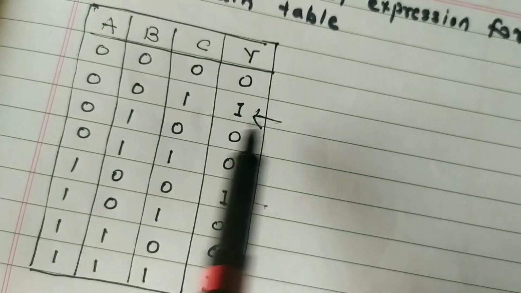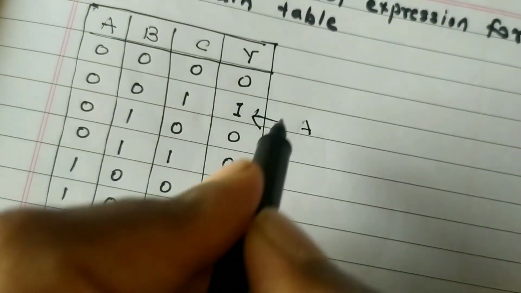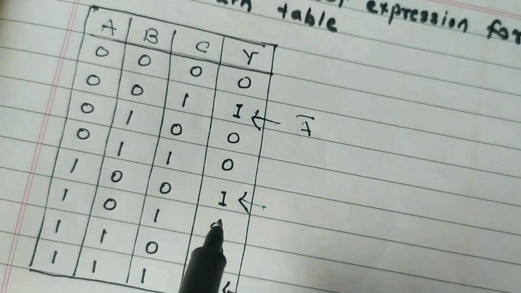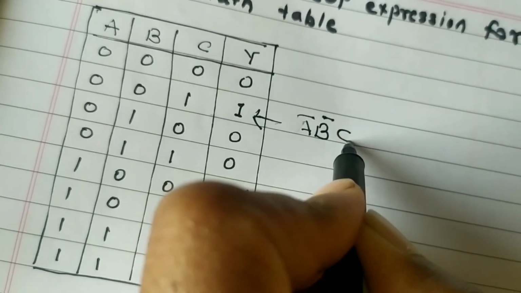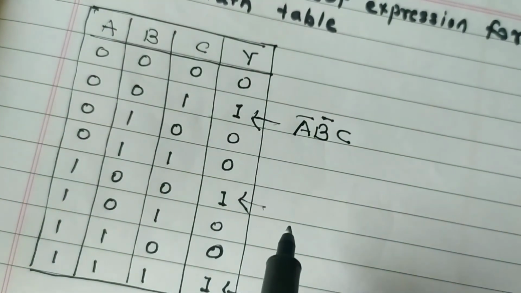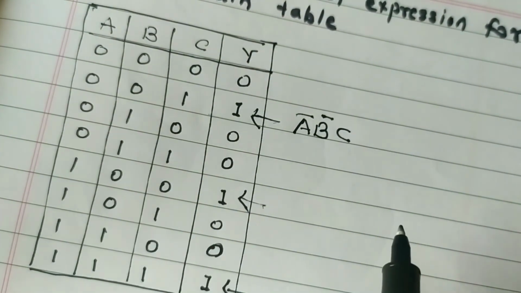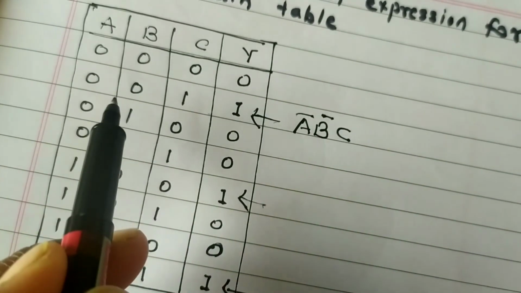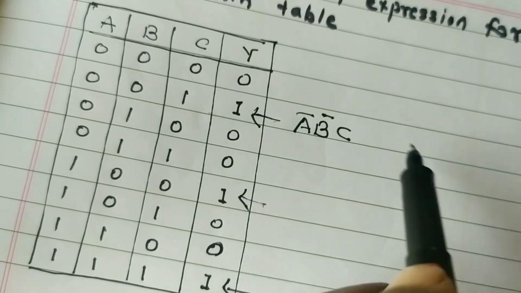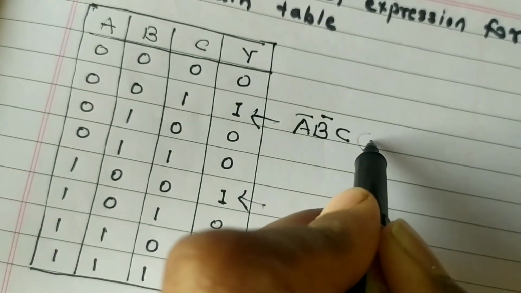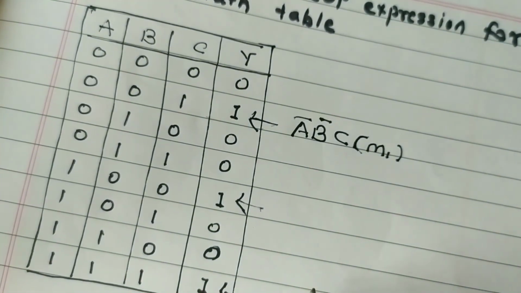Therefore, its product term is represented by A complement into B complement into C. Here A and B are represented in complemented form since A and B values are equal to 0, and when we take the complement, the product becomes 1. This is represented for the first minterm, m1.